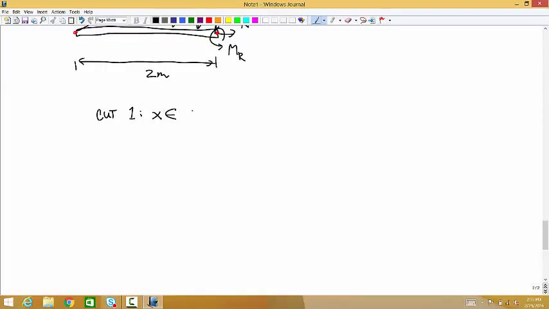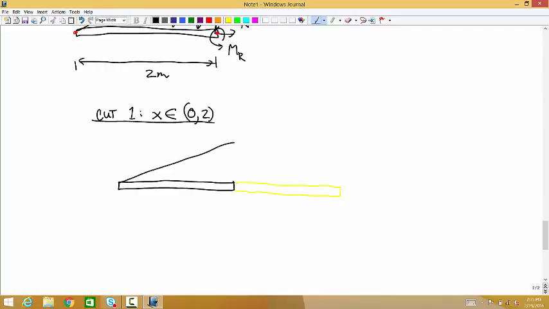And so this has to represent all x values between 0 and 2. Okay, so here's our piece. Here's the piece that we're leaving off. Here's the distributed load. Here's the part of the distributed load we're leaving off.